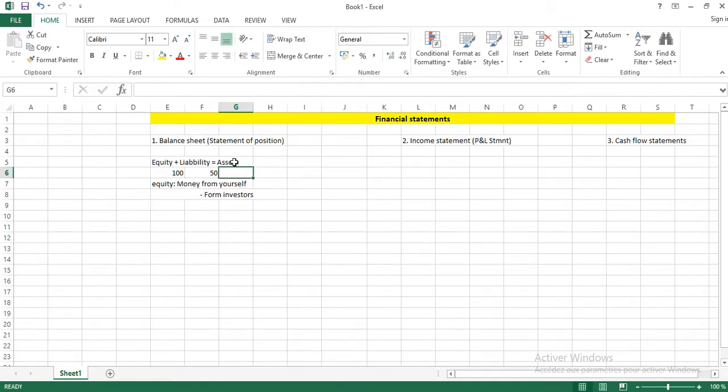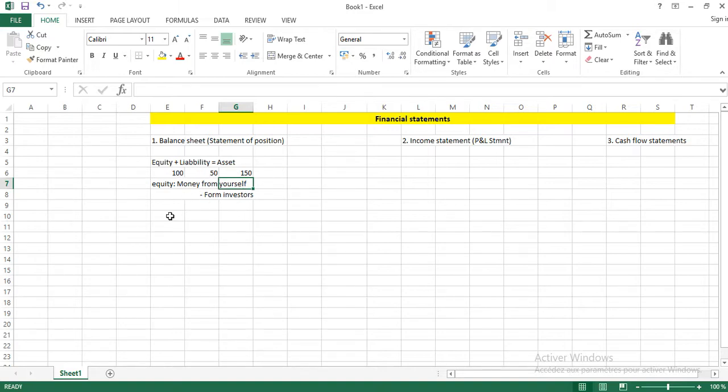And assets, you have $150. Total equity plus liability is $150. You need to make sure how you spend this $150 will reflect on the asset part. So you have $150, your assets must be equal to $150. I will explain now how you can do this.